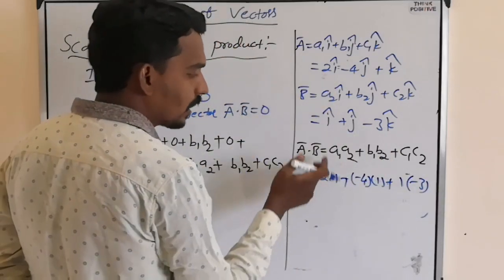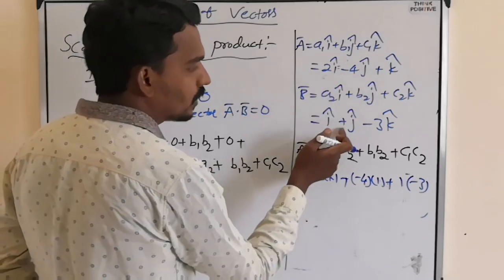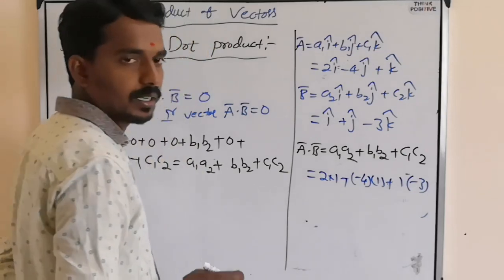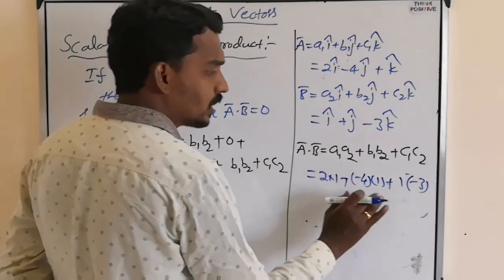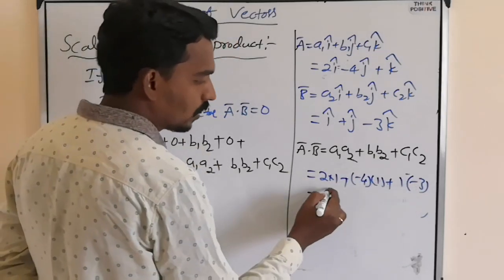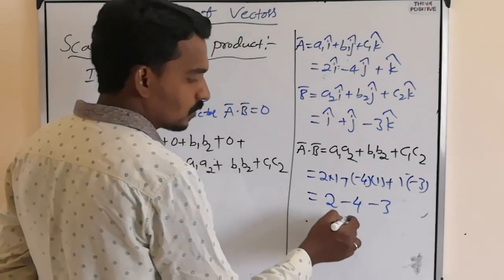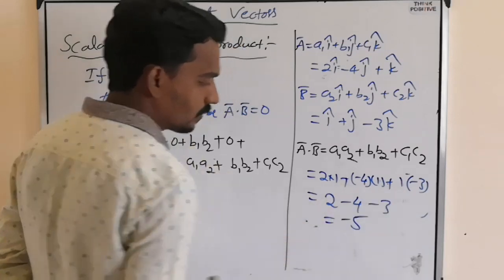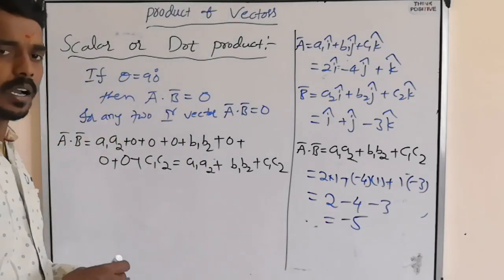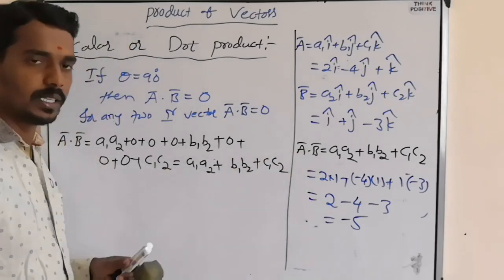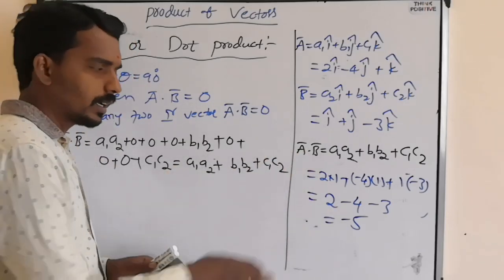No i, no j, no k: 2 minus 4 minus 3, so minus 5. So what is the a bar dot b bar value of these two vectors? Minus 5. It can be positive or negative.